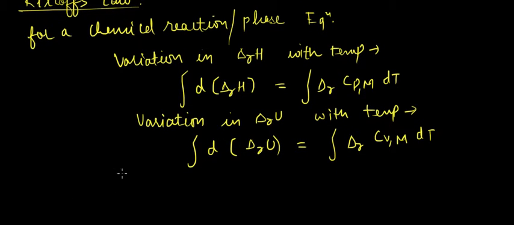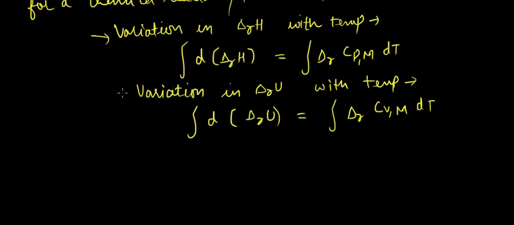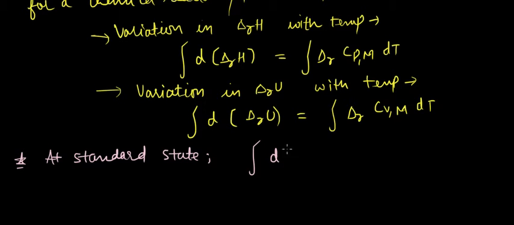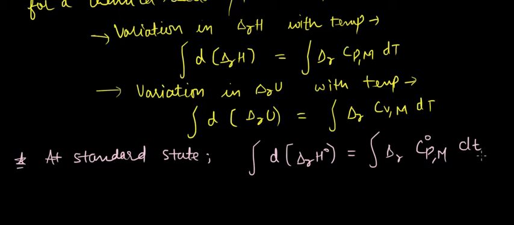And at standard state, what can we write? At standard state, we can write that the integral of d of delta rH naught would be equal to the integration of delta r CPM naught dT, with capital T.